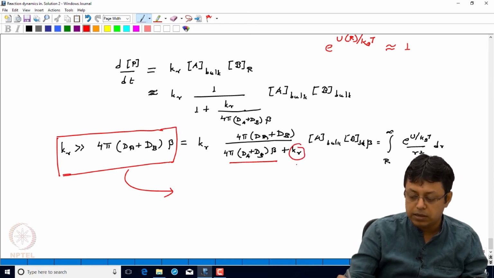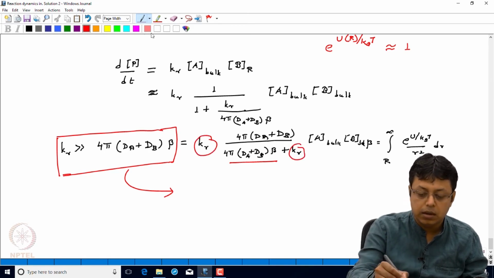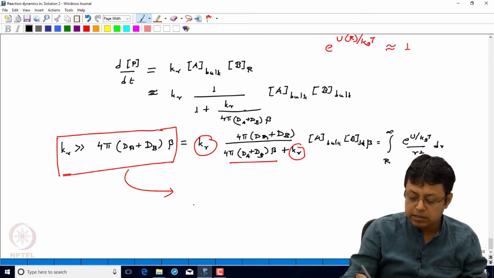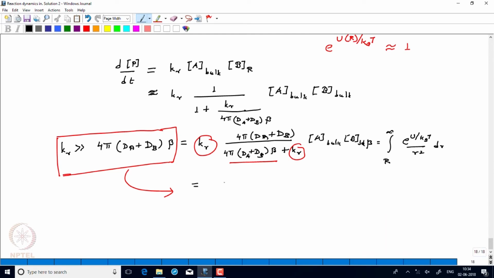The moment you ignore it, this Kr gets cancelled with this Kr, and we get the final expression: the rate of product formation is basically 4 pi, there will be a beta here, dA plus dB into beta times A bulk into B bulk.